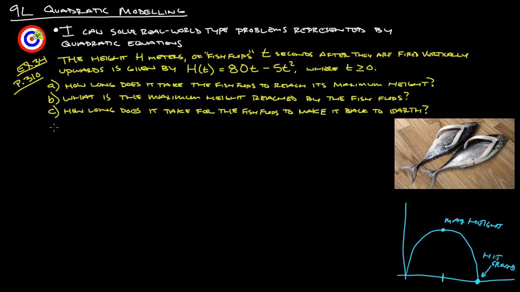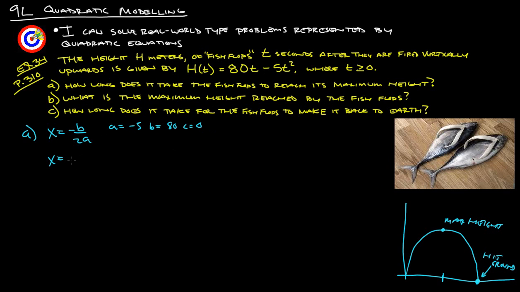To do that, all we need is x equals negative b over 2a, because that gives us our axis of symmetry, which is also exactly how long it takes these fish flops to reach the max height. So this is part A. In this case, a is negative 5, b is positive 80, and c is 0.